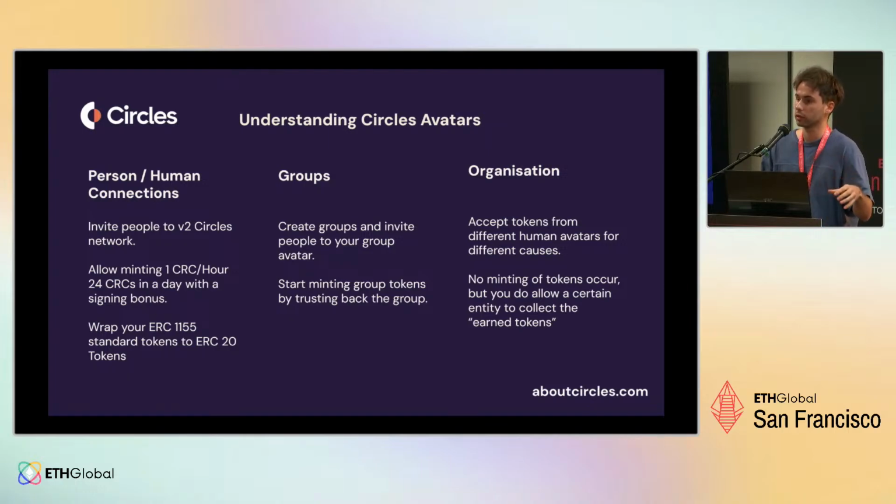Every person from this group that trusts the group will be able to get this group token and interact with it. And then you can also register for an organization, but we don't have many features implemented yet with the SDK for organization, so I will not continue with this.